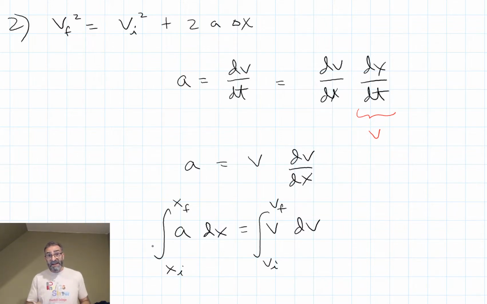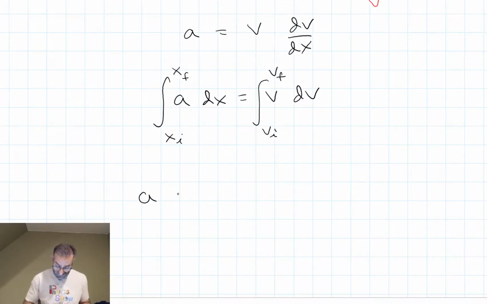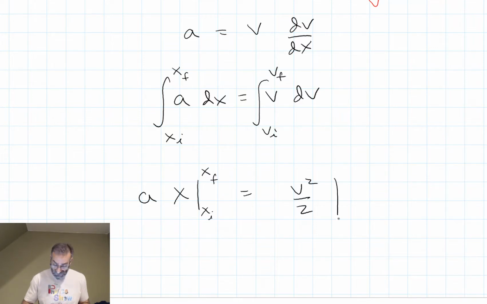If a is constant, it comes out of the integral. The integral of dx is x, and we're evaluating from x initial to x final. And on the right side of the equation, the integral of v dv is v squared over 2, evaluated from v initial to v final.